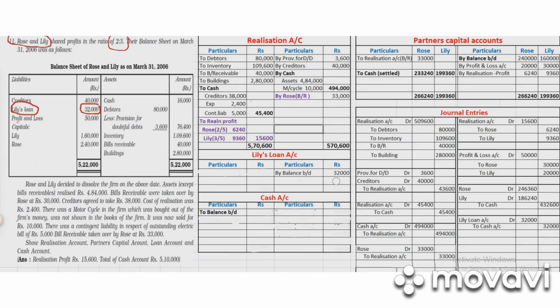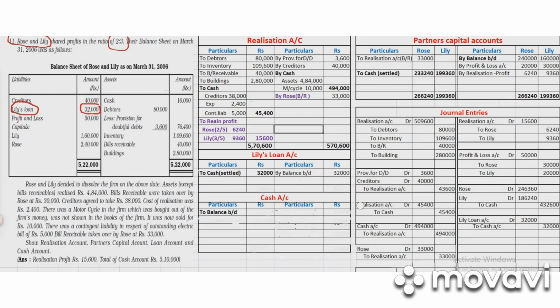Now what do you have to do? You have to pay it, right? So this money has to be paid completely. When we pay it, Lily's loan account debtor to cash account will be the journal entry, and we write to cash. In the bracket we write settled and show the full amount, 32,000.